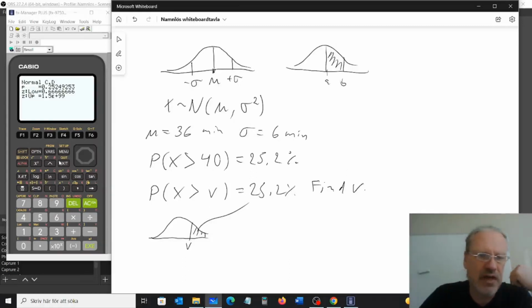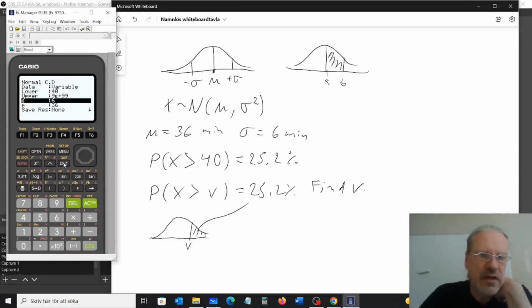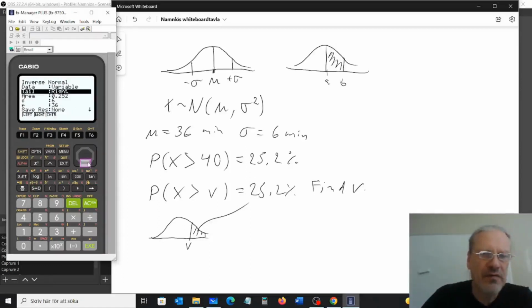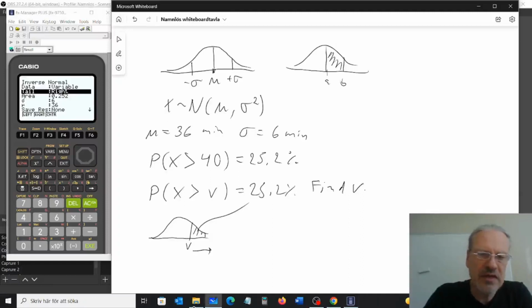Happily enough, the calculator has a tool for that. So we go in here to distribution and the normal distribution again, and we can guess that we should use this one, the inverse normal distribution. First we set this var again, and then the first thing we need to add is whether we're talking about right tail or left tail. That is the direction the probability is sticking out.